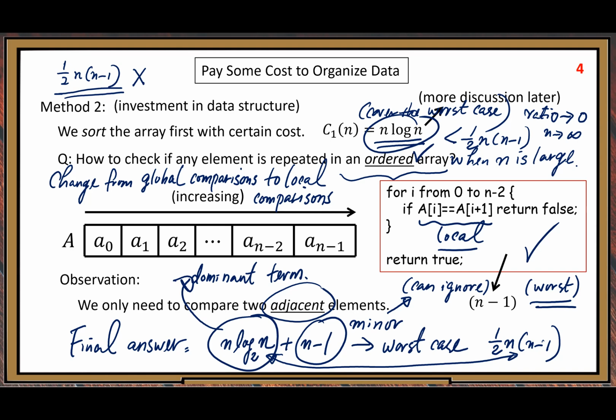I have just 3 minutes. Let me use about 2 minutes to explain why we can ignore the minor term. Still, we connect to our real world experience. In real life, you do a lot of approximation, right?